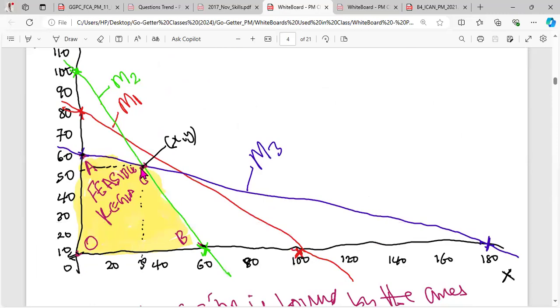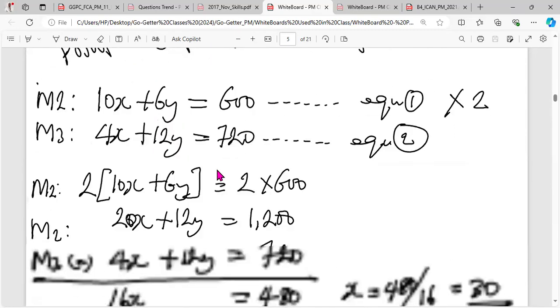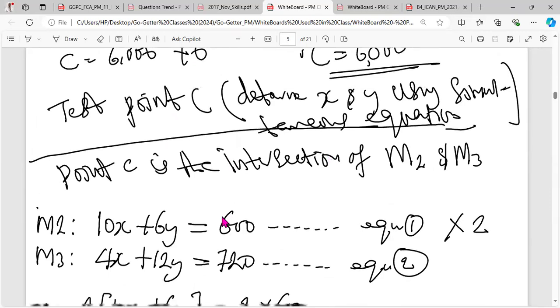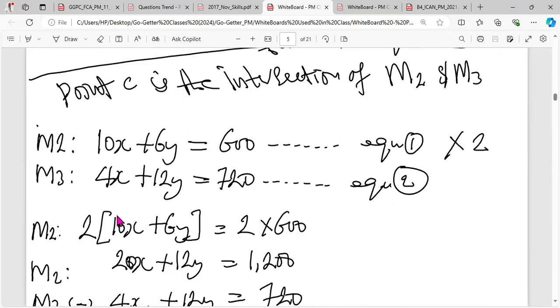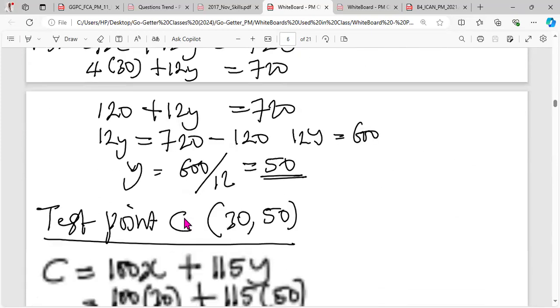In point C, it is not easy for us to get the coordinates of X and Y. So we use a simultaneous equation, first of all, to find what point C is. We found out that X is 30 and Y is 50.